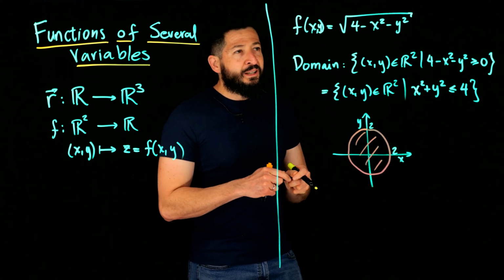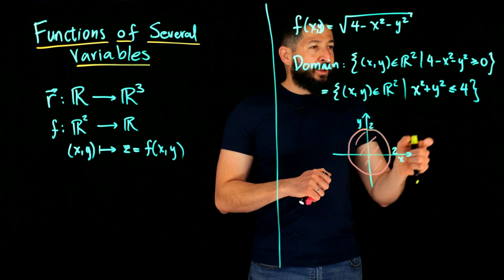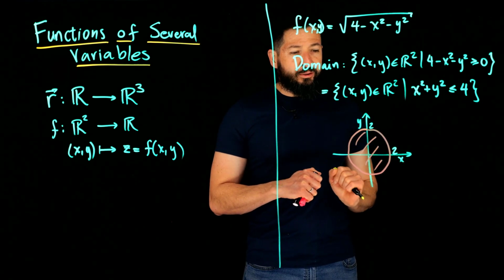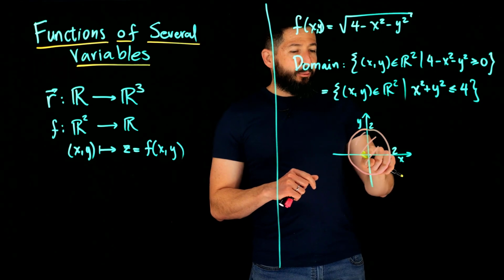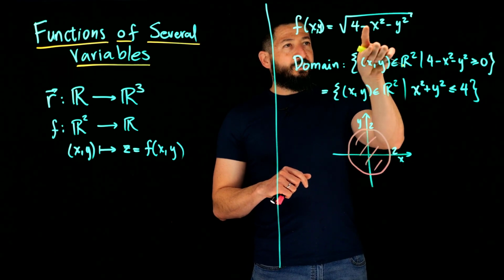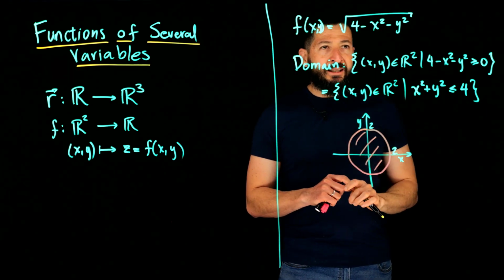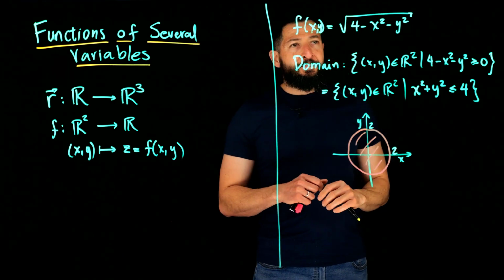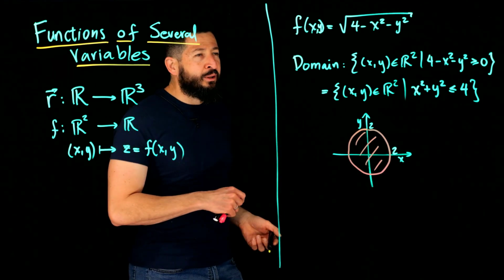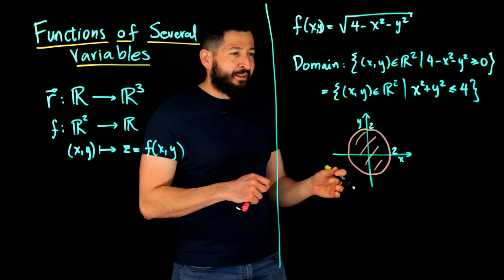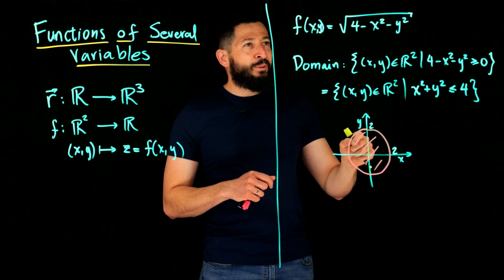So you can only have those possible values. When x, y are equal to 0, it's clear that this function attains its maximum, just from observation. We're going to learn how to actually calculate that later in the semester.